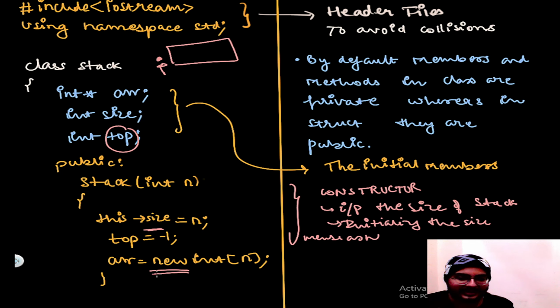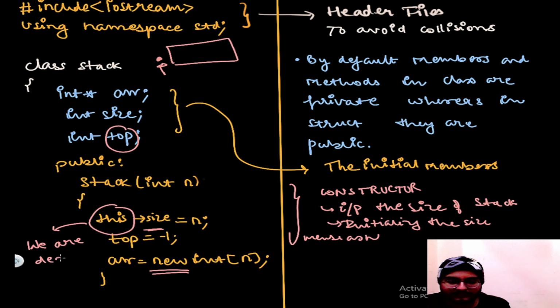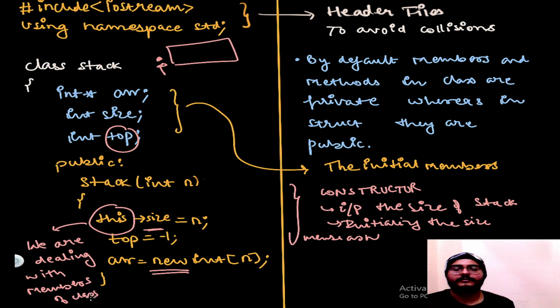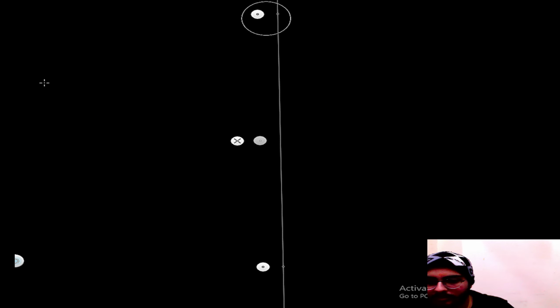I hope that you understood this basic. Now this is used to specify that we are dealing with the members of the class. Okay, now let's proceed further to our first function.